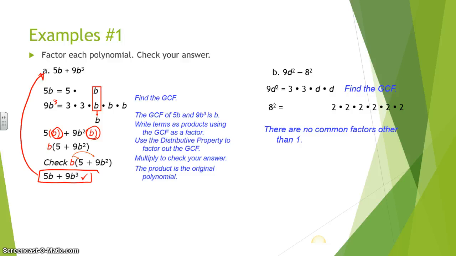And looking at this, there's nothing in common, nothing that we can factor out that goes into each of these. So in this situation, there's not going to be a common factor other than just 1. And then what you could put for this is the polynomial cannot be factored any further, or cannot be factored other than 1.